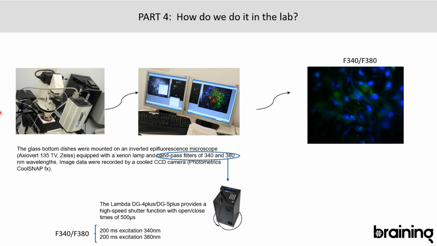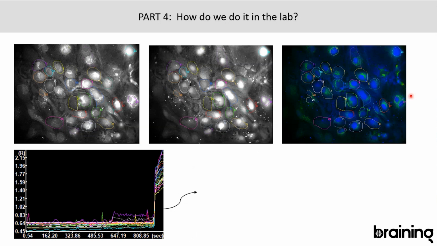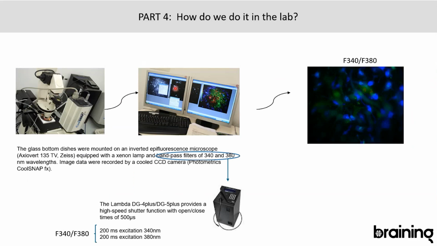So we set up the system, we plate the cells, we turn on everything, and then we start the acquisition of our frames. Here is an example of one of our samples. If you look here at the computer screens, you can see three different windows.